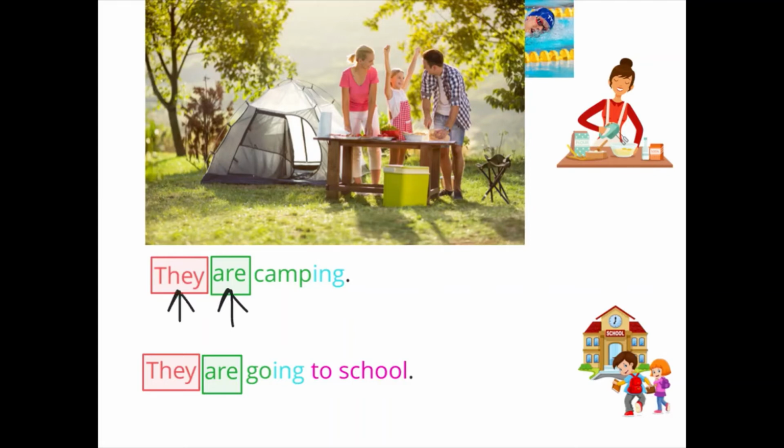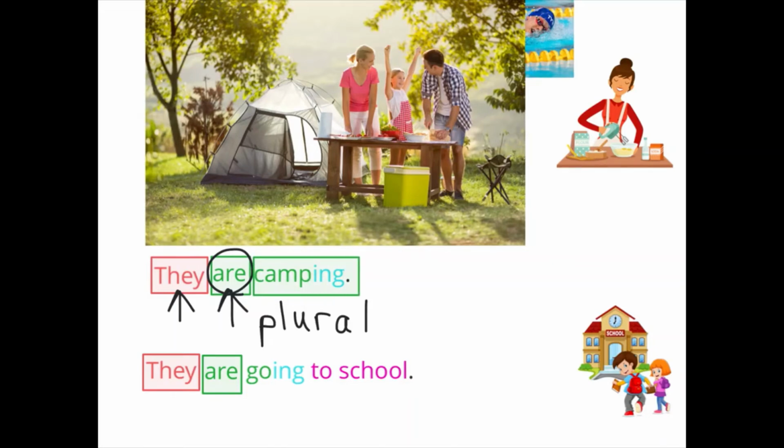They is more than one person, so we use the plural form of the verb to be, which is are. They are camping. Our verb here is camp. It's something we can do. And we add ing, camping. So are camping is the whole verb.